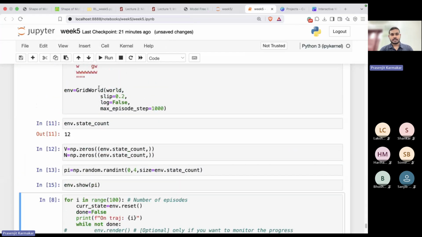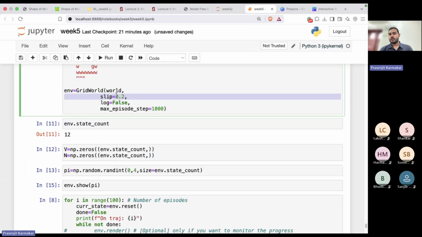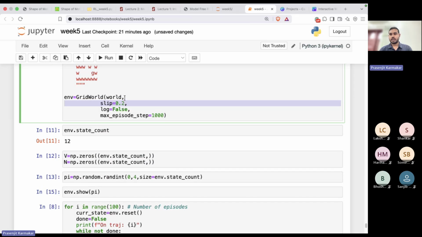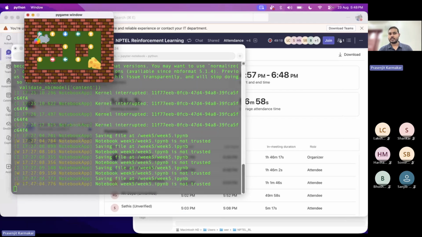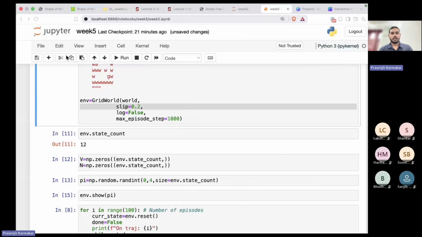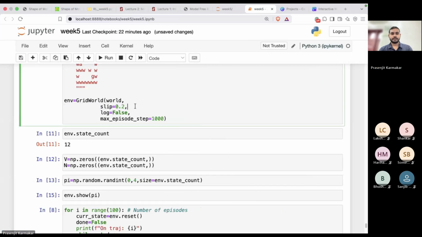Sleep means with 20% probability, it will not do what it's supposed to do. So even though the policy is suboptimal for the first state, it will not get stuck there. With some low probability, it will go out of that state. Okay, so sleep is important.